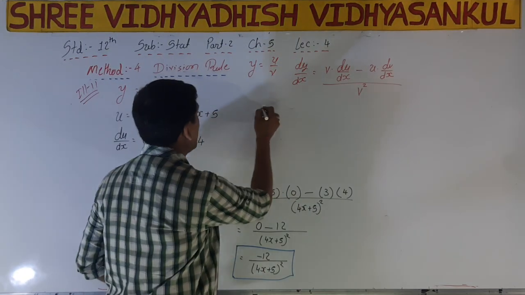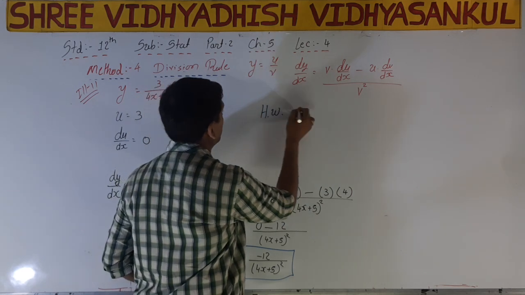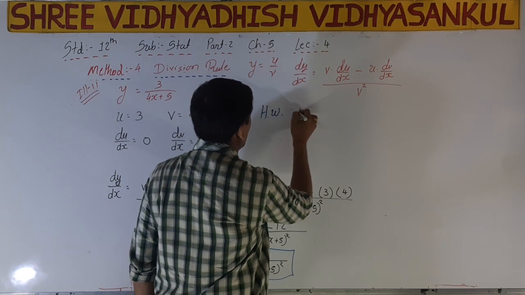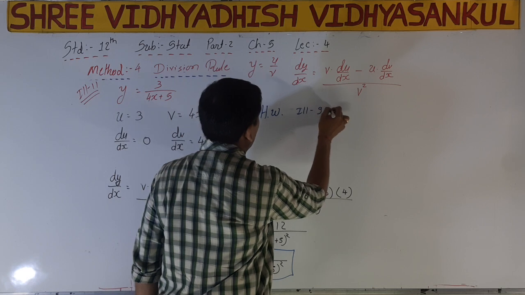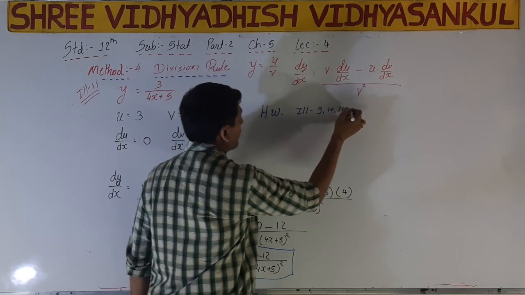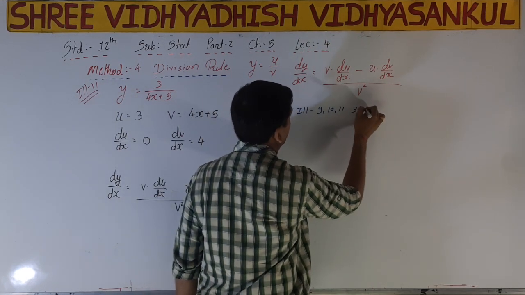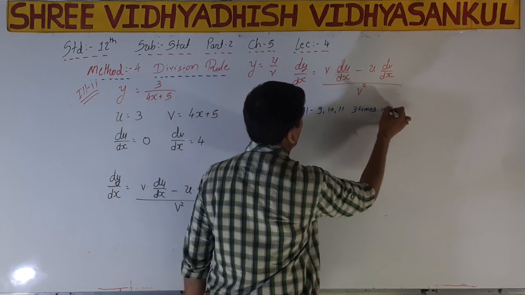Okay, so here I am writing your homework. Your homework is illustration 9, 10, 11, 3 times in rough book.